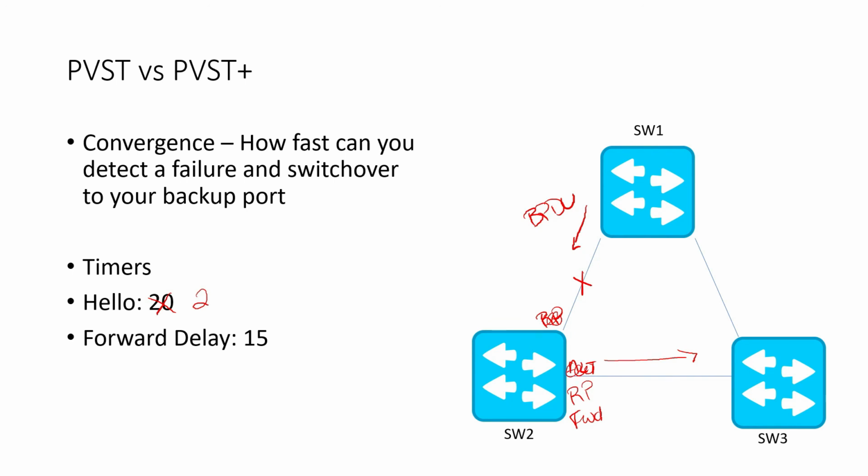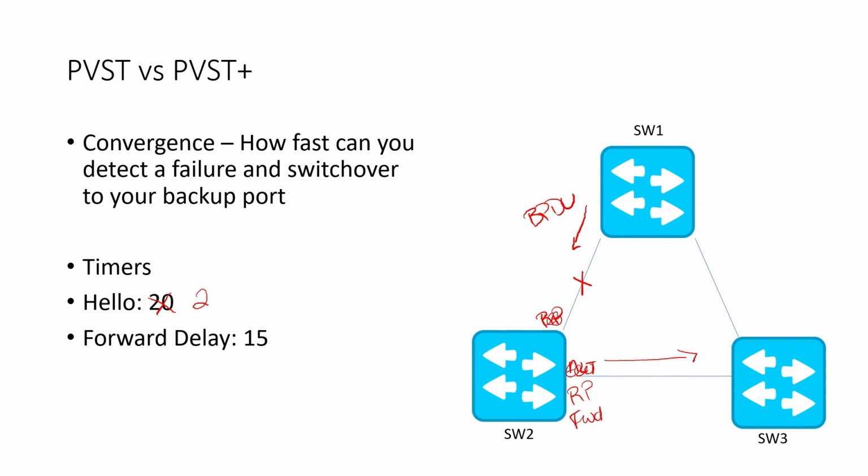So the convergence time is why we prefer rapid, because with a direct failure, convergence is pretty much 0. And with an indirect failure, it can maybe take up to 6 seconds, which is fine because it's not 50. Right? If you take 50 seconds to converge, that's when your users are going to start complaining that they can't get access to certain parts of the network.